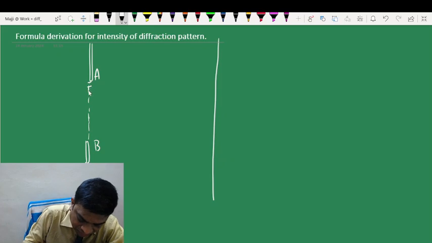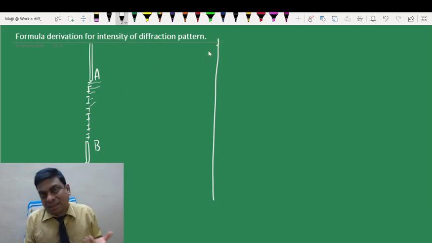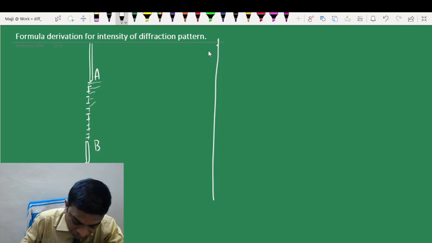So you have to divide this entire wavefront into small portions, and the amplitude due to each equally divided portion, you can take as, let us say, a naught amplitude.